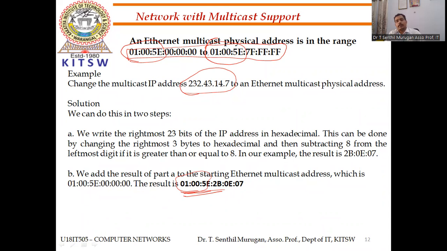These 3 bytes indicate that it is a multicast address. The remaining 3 bytes are converted from the IPv4 last 23 bits.